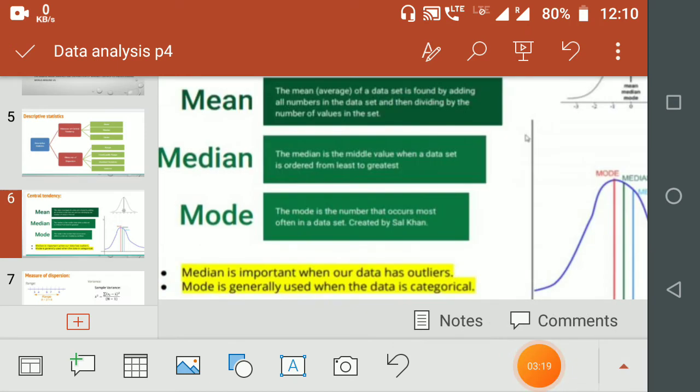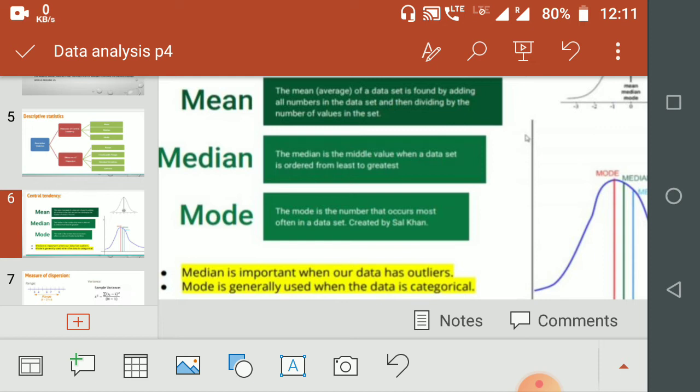The median is the middle value when a dataset is ordered from least to greatest. And then the mode. Mode is the number that occurs most often in a dataset, that is, the most frequently repeated value.